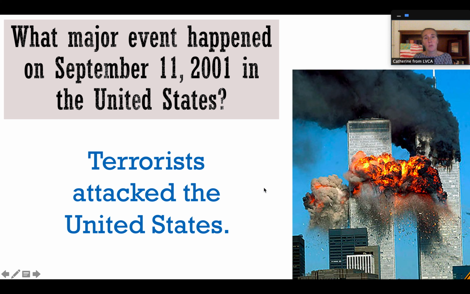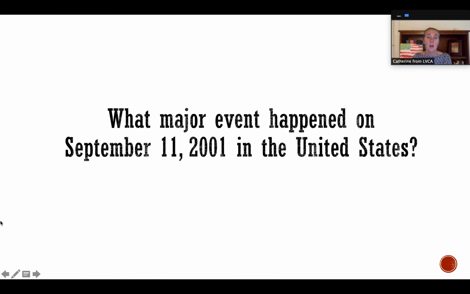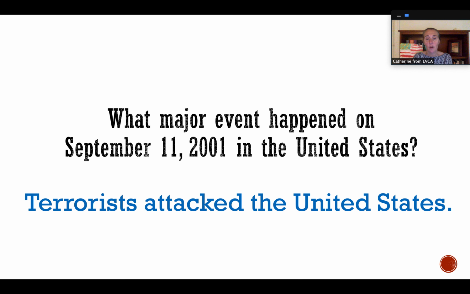Airplanes also tried to attack places in Washington, D.C. One of them successfully attacked the Pentagon, which is our largest building for the United States military. What major event happened on September 11th, 2001 in the United States? Terrorists attacked the United States.